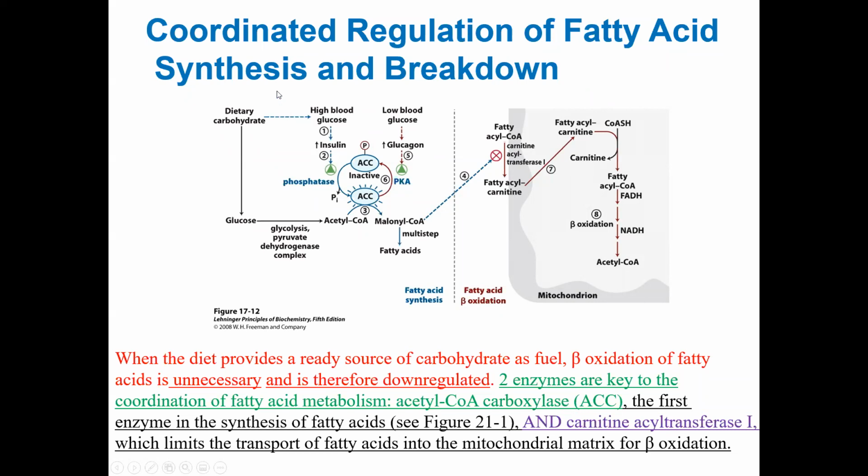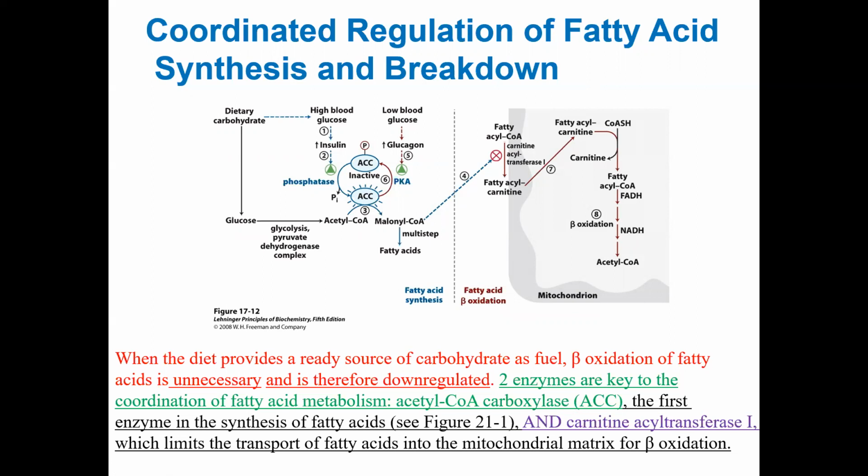When you have a good carb-rich meal, beta oxidation of fatty acids will be unnecessary. Remember, fatty acids are excellent storage fuel, right? Therefore, the beta oxidation of fatty acid must be down-regulated, right? It will be unnecessary. You already have a rich source of carbohydrates in your blood.